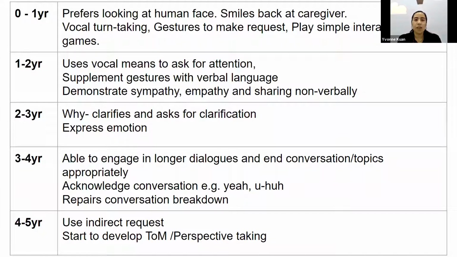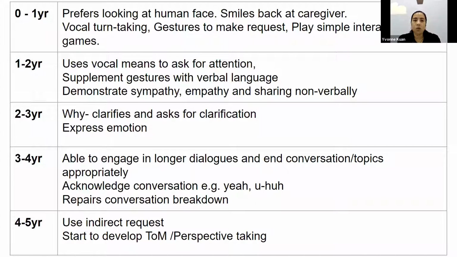Okay, so these are some things that as a speech therapist, I would look at to look at the social communication development of a child. There are much more than this, and it's definitely not an exhaustive table, but this is just some key points that I would tend to look at. If you want to find out more information, I do recommend that you go on to ASHA's website, so American Speech-Language-Hearing Association.